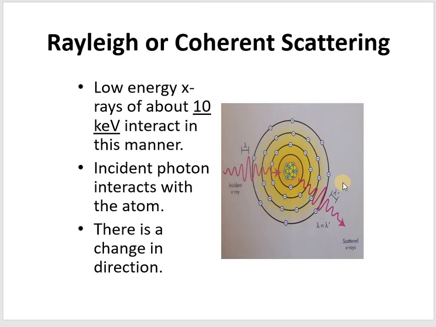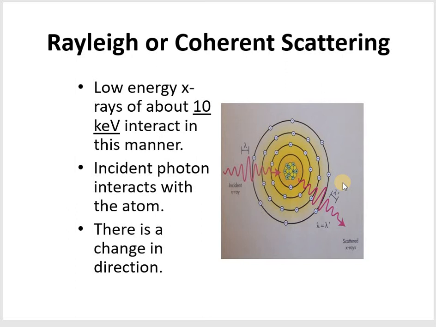The coherent factor for Rayleigh depends on the atomic number of an element. If an element has a higher atomic number, the number of electrons also increases.